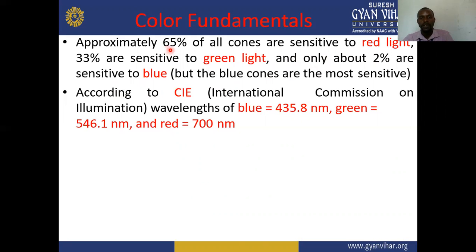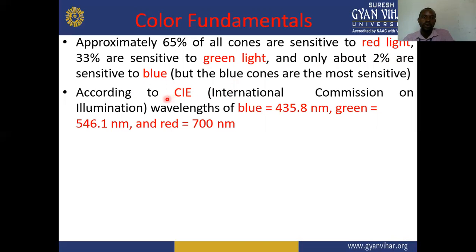That is 65% out of the 6 to 7 million cones present are sensitive to red light. Then 33% are sensitive to green light, while the remaining 2% are sensitive to blue. So we can say that the blue cones are most sensitive.